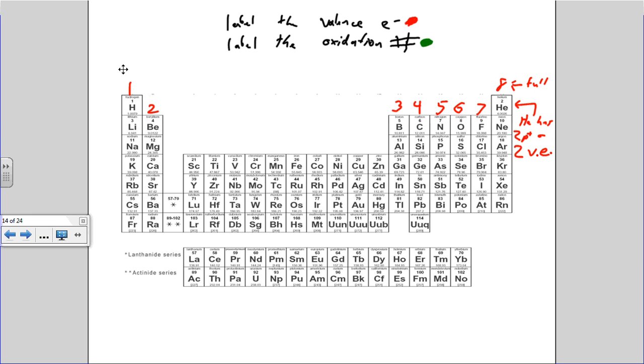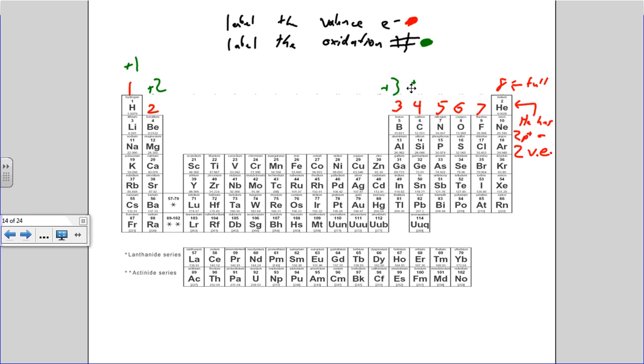Anyway, so oxidation numbers also follow a pattern because oxidation number is related to the number of valence electrons. It also is going to follow this column pattern, so this up and down pattern. So we'll start over here, and our first one is +1. Then we go to +2. Over here, +3.